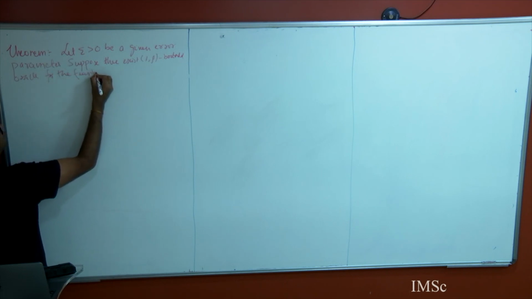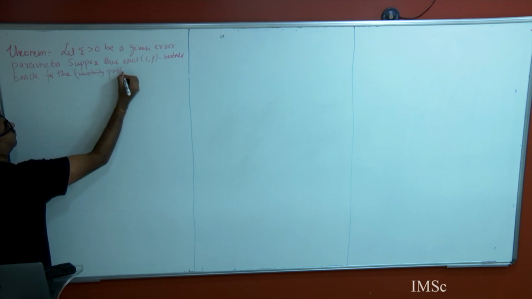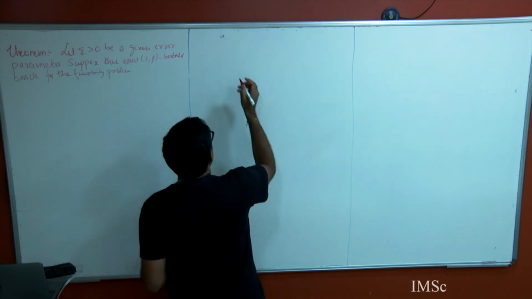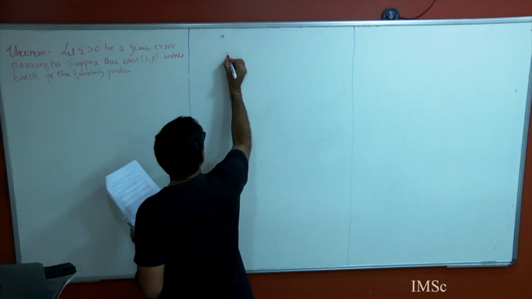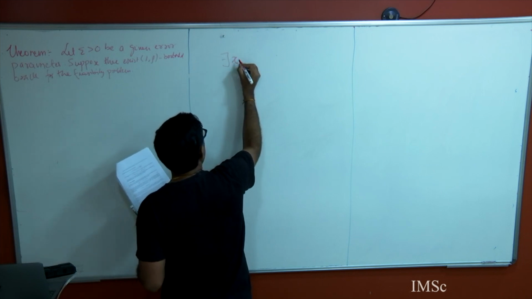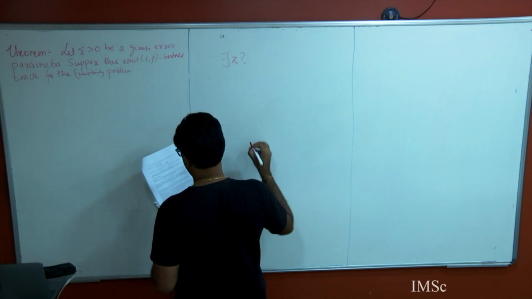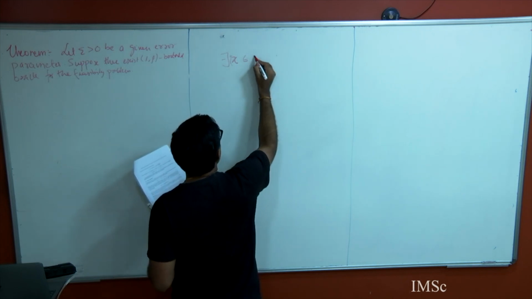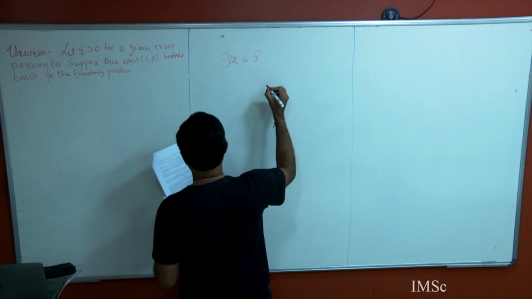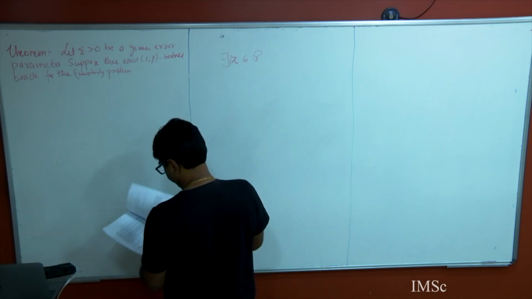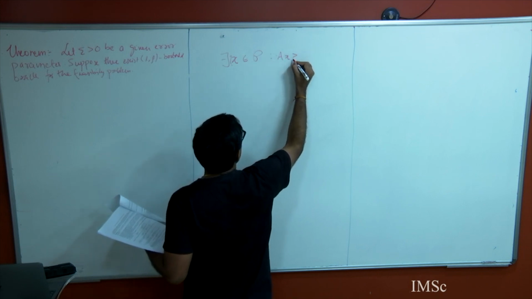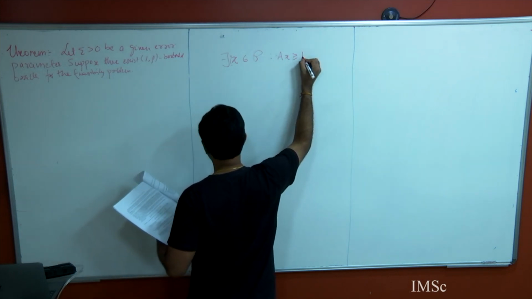for the feasibility problem. What is the feasibility problem? The kind of covering problem we were trying to look at was, if you recall correctly: does there exist an x in some polytope such that Ax is greater than or equal to some vector b?